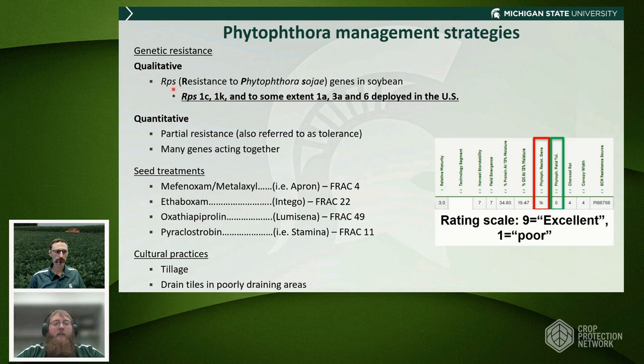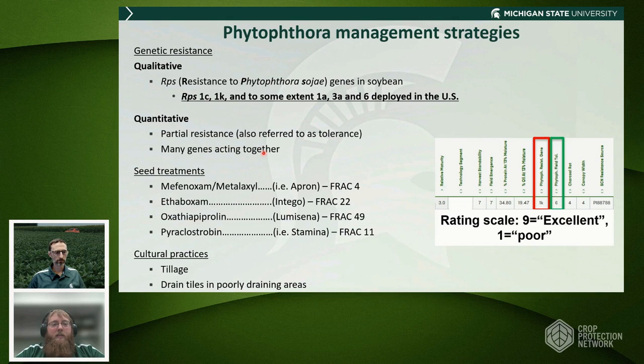In the U.S., some of our soybean varieties contain RPS1c and RPS1k, with some varieties containing RPS1a, 3a, and 6. And 1a, 3a, and 6 are not very common in the seed catalogs that we've looked through.